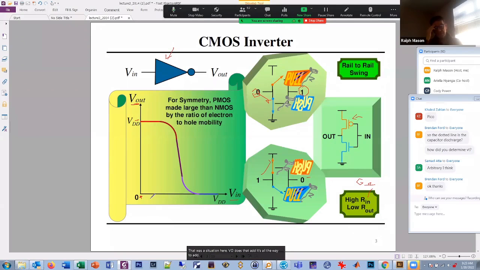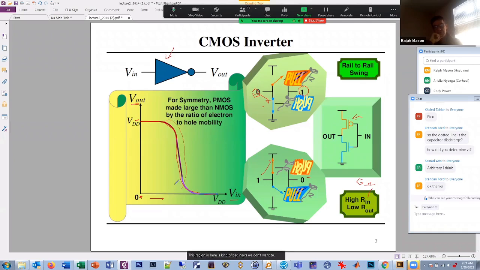And then as Vin increases, eventually at some point, the PMOS starts turning off and the NMOS starts turning on. So this starts opening and this starts closing. And there's a point here in the middle where they're both on, but you're sort of transitioning. And then as you keep increasing Vin, at some point, the PMOS opens and the NMOS closes and the output looks like 0.